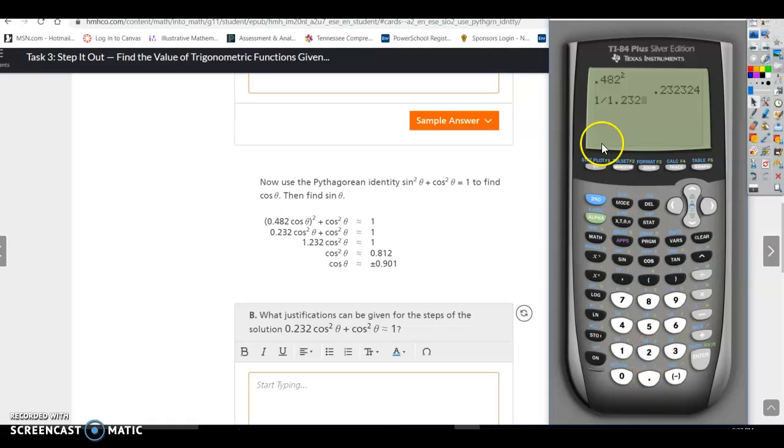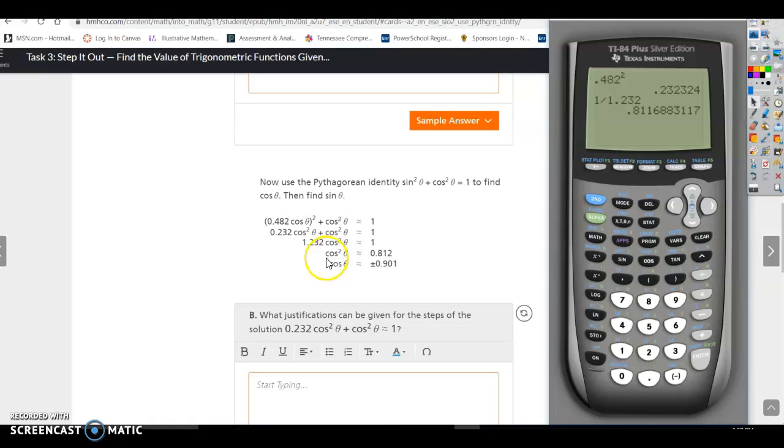So we don't normally do division and decimals together. So we're just going to divide that out, and it's still going to be an approximate number, but we're going to round that to 0.812. All right, so divide both sides by the 1.232 because we're trying to get cosine by itself.